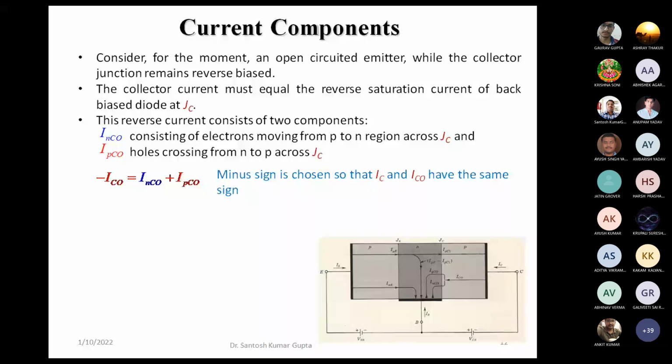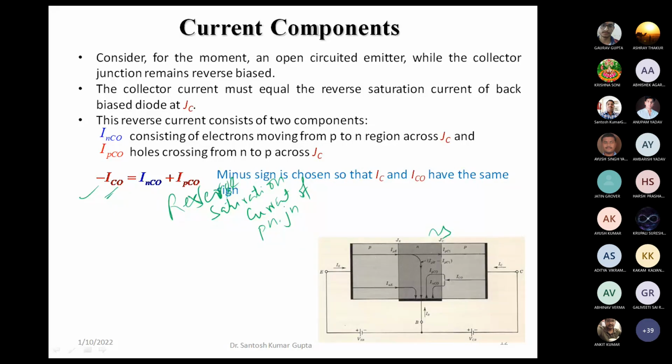So here we can see that ICO is similar to the reverse saturation current of a PN junction. So ICO is that one, corresponding to the collector junction. That's why we write IC here. The O just shows that it is a saturation current.